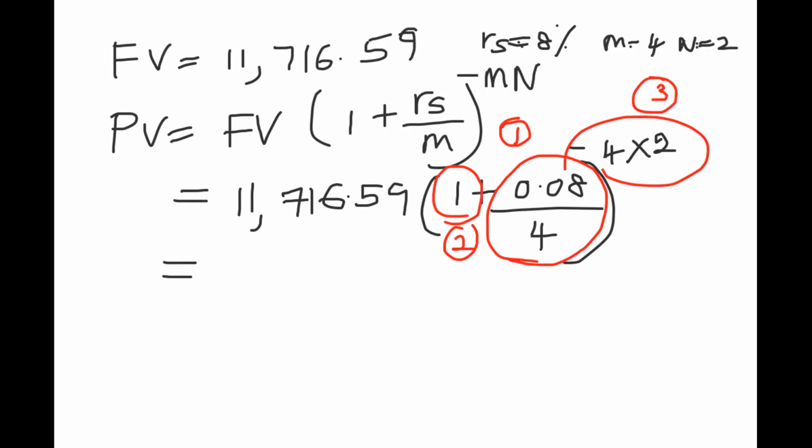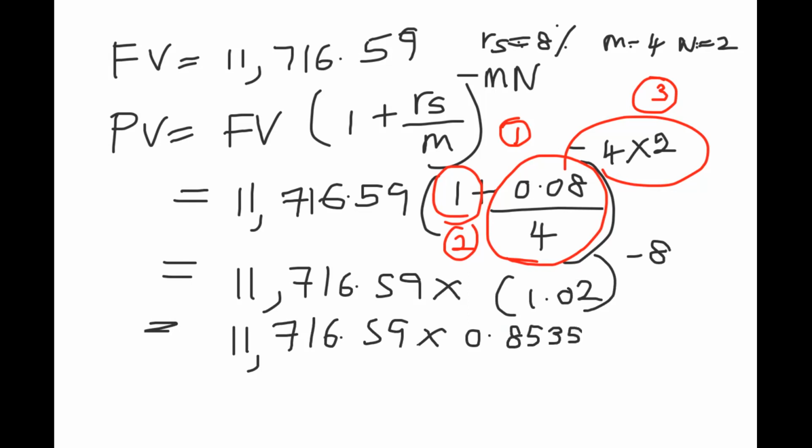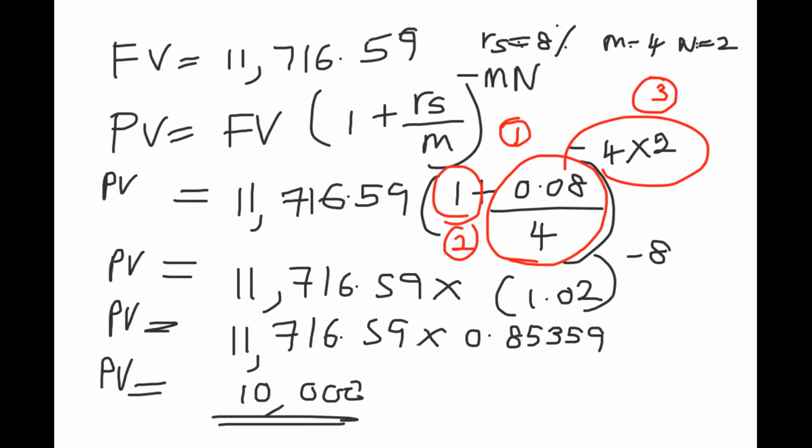Then you will get 11,716.59 multiplied by 1.02 to the power of minus 8, and then 11,716.59 multiplied by 0.85359, which gives 10,000.